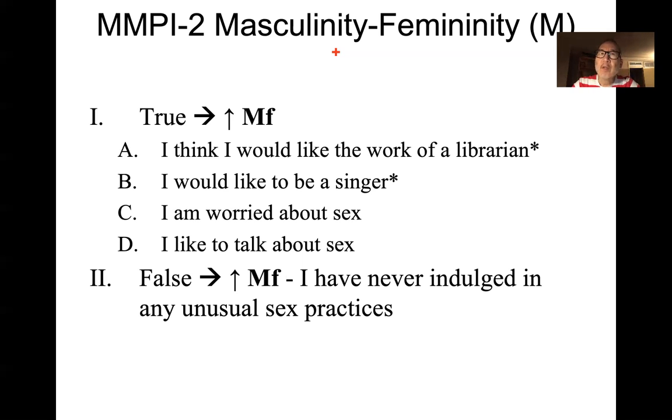But that's part of the criterion keying approach mentioned earlier. It doesn't matter if it doesn't fit intuitively with what we would think. It's ultimately empirically driven. So if, in the test construction sample, a correlation was found suggesting endorsement of this item increases the MF for a male, then that item stays in the test, even though it doesn't make intuitive sense, nor fit a theory of masculinity-femininity.